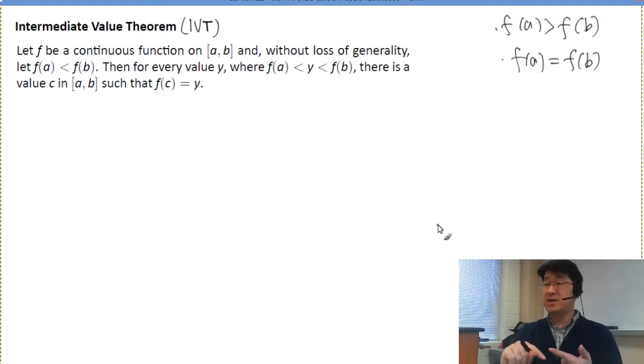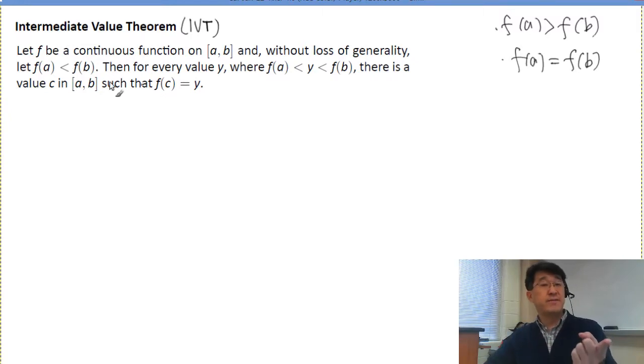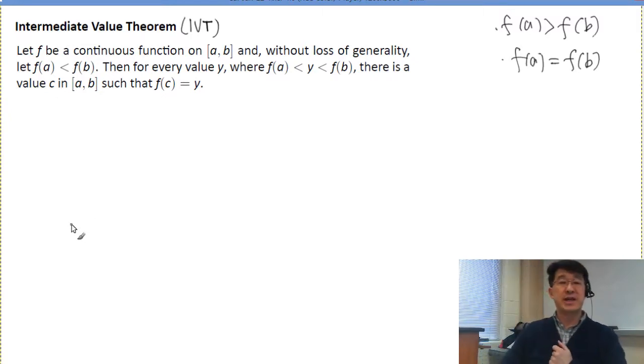What are the hypotheses? What are the conditions given? What condition is imposed on this function? Continuity, right? Continuity on what interval? A closed interval. And then one function value is slightly different from the other. Then the following happens. For every value y that is in between the function values f(a) and f(b), there is a value c.